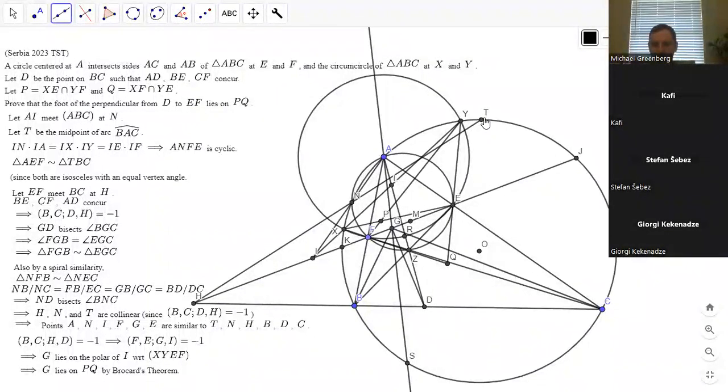I needed that point. I'm not sure exactly what I did. Oh, actually, I remember now. I drew in the other midpoint of arc BC. So the intersection of AM with the circle.